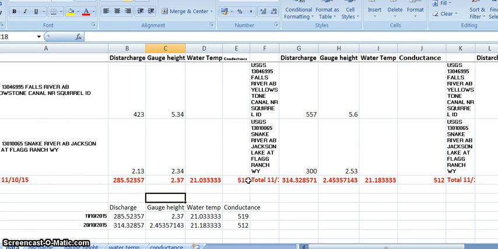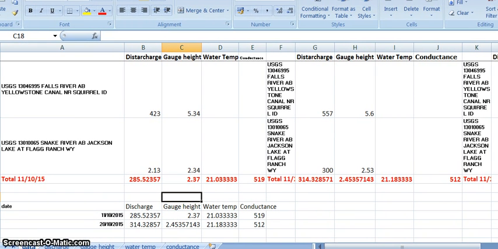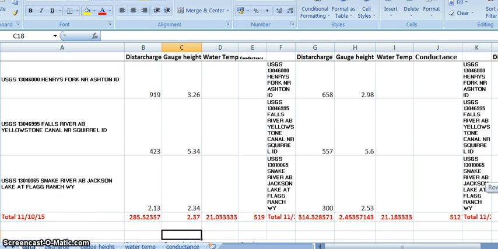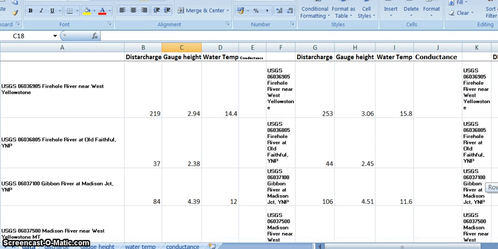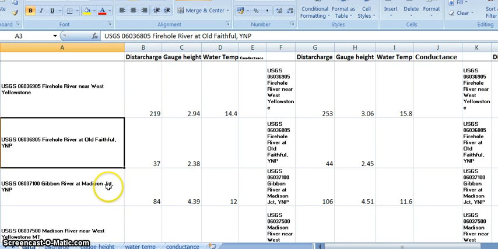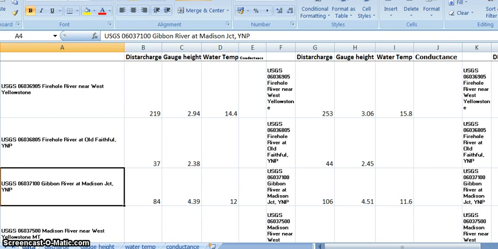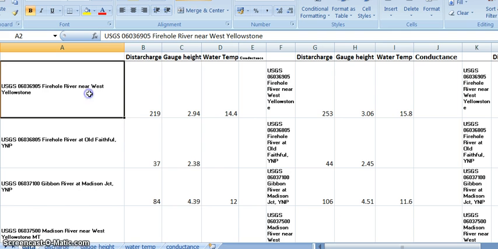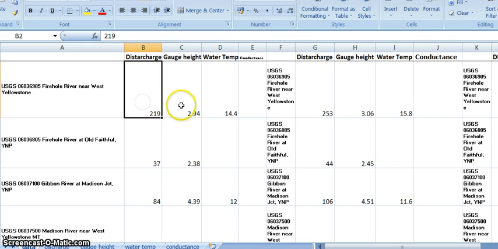Quick recap of what I've done: let me pull the screen across a little bit. Here we have 12 different places where readings are taken all over the Yellowstone. So whatever this device may be, as you see, this Firehole River near West Yellowstone, it records discharge, gauge height and water temperature.